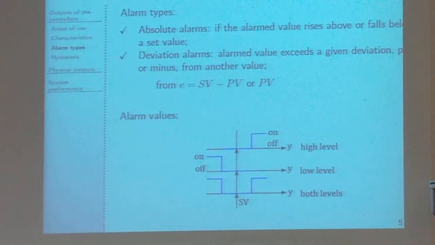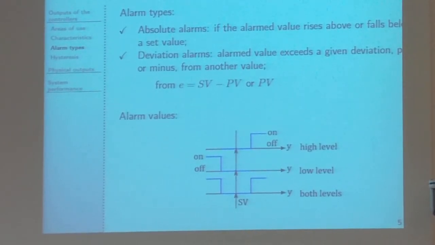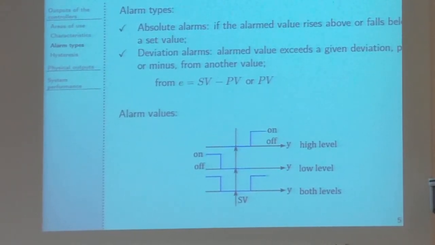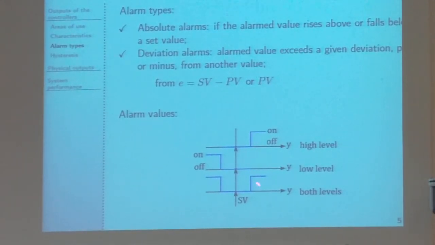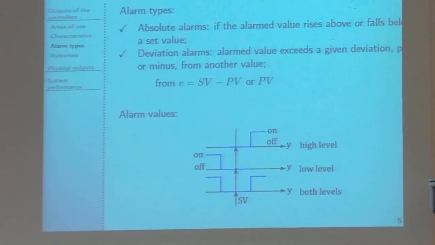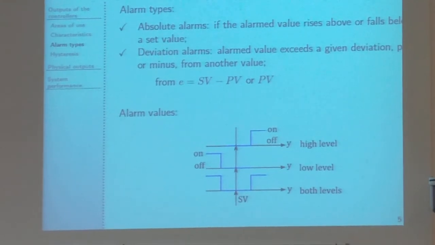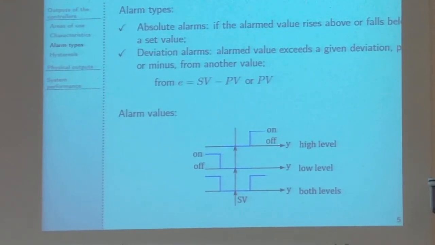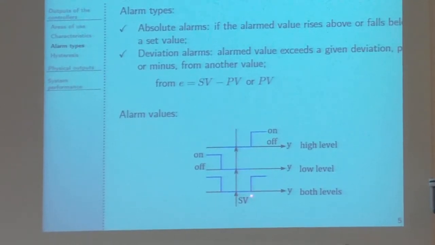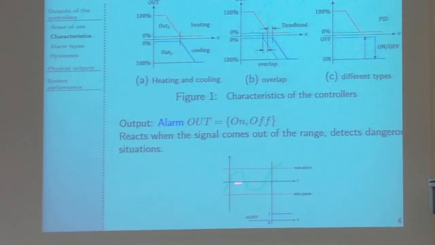For example, if our set point is 23 degrees, and I would like to have some notice if temperature is higher than 30 degrees, then I should set a deviation type alarm at 30 minus 23, which will give me 7 degrees. So basically, I just set the difference between the set point and the limits which I would like to use.